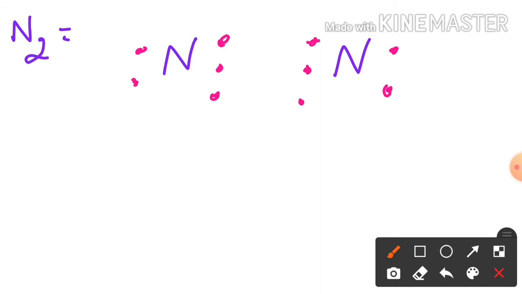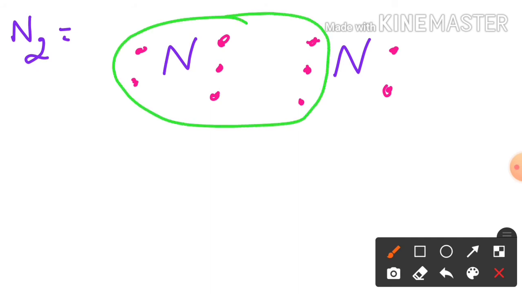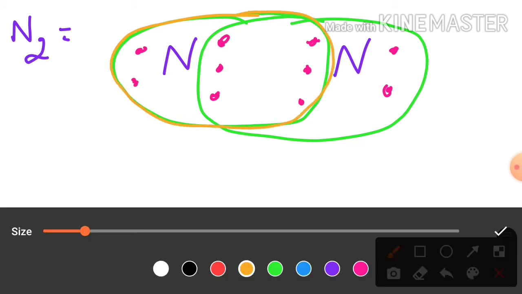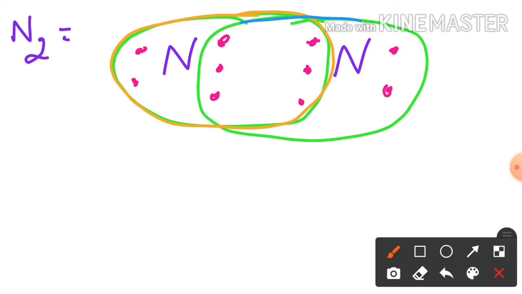So what does it do? This nitrogen takes the contribution of these 3 electrons from this nitrogen, and this nitrogen takes the contribution of these 3 electrons from the other nitrogen. And in each circle, if you count the number of electrons in this circle, you will say that 8 electrons are there. Now count the total number of electrons in this circle, and you will also say 8.